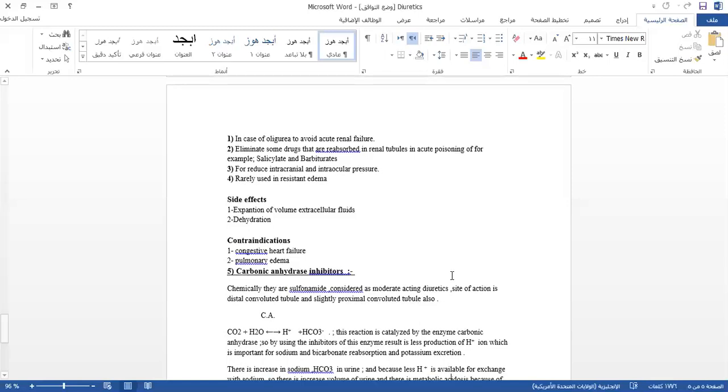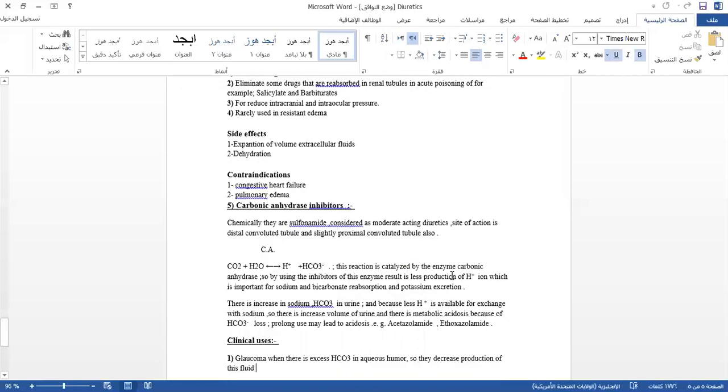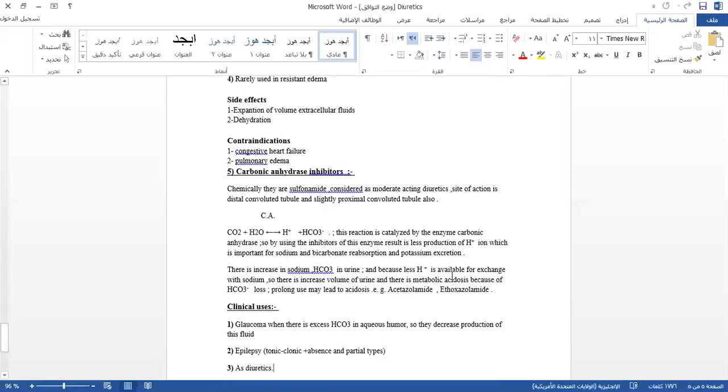According to this equation, carbon dioxide plus water, through carbonic anhydrase, leads to a reversible reaction producing hydrogen ion plus bicarbonate. This reaction is catalyzed by the enzyme carbonic anhydrase. So using inhibitors of carbonic anhydrase results in less production of hydrogen ion, which is important for sodium and bicarbonate reabsorption and potassium excretion.